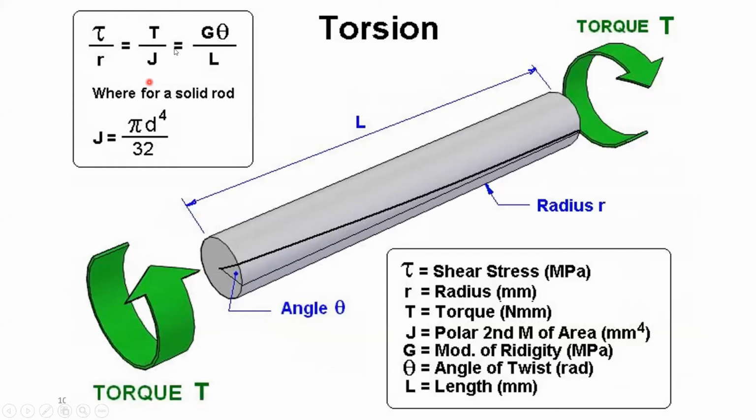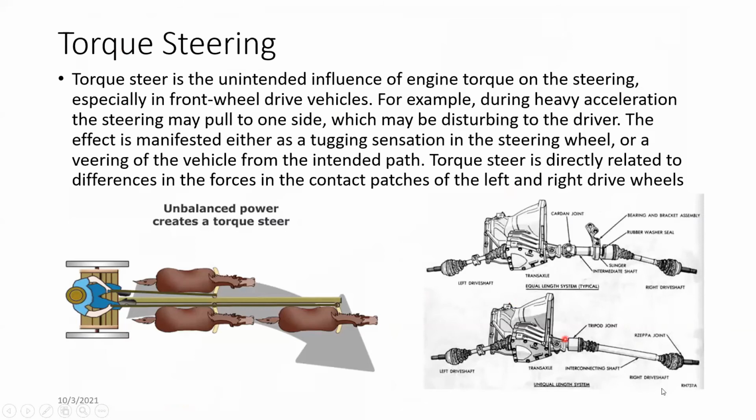You can see when the length increases, the torsion also increases. These torsional changes happen with the length and the radius of the shaft. That's why this has a thicker shaft on one side and a thinner shaft on the other side.